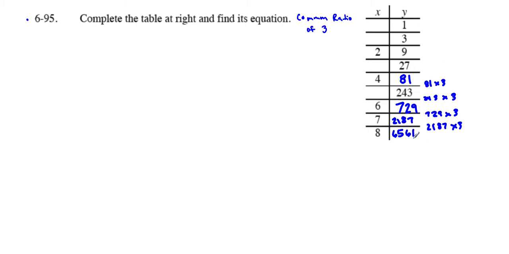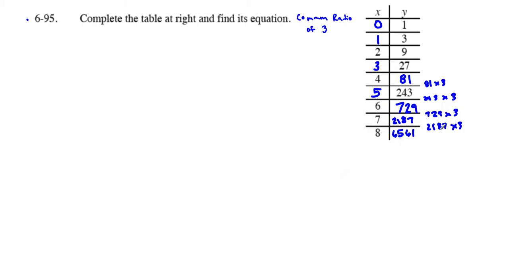So we've completed our y column. If we look back at our x's, we have 8, 7, 6, 5, 4, 3, 2, 1, and 0. So this is what our table should look like.